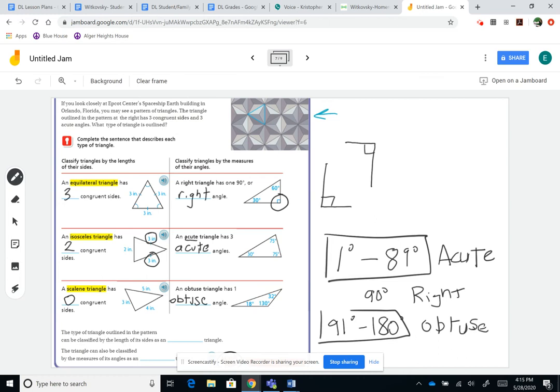Hopefully you said equilateral. And it's equilateral because all of the sides appear to be the same. Now, we had to kind of take our best guess because we don't have a protractor with us. But if you look at that, it's pretty hard not to mistake that for one of the other triangles. Okay? All right, let's carry on to the next page.